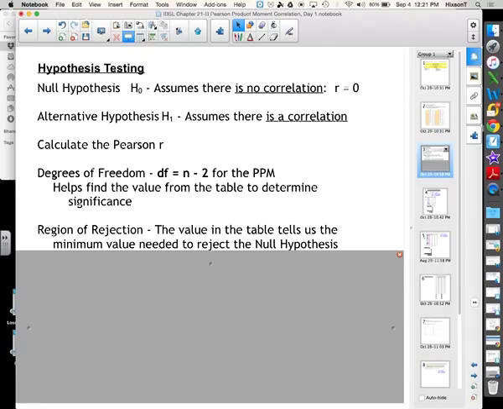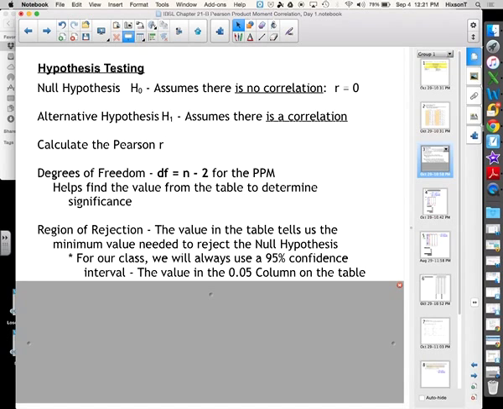The number you get out of the table is called a critical value, and that value is the minimum value R has to be in order to reject the null hypothesis that there is no correlation. Does that make sense?